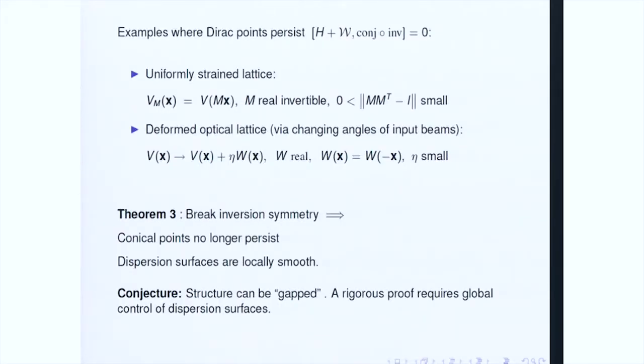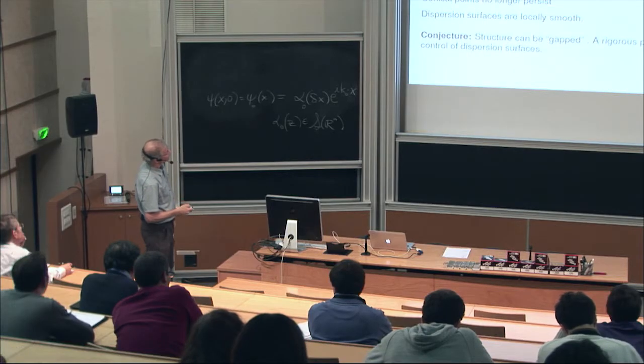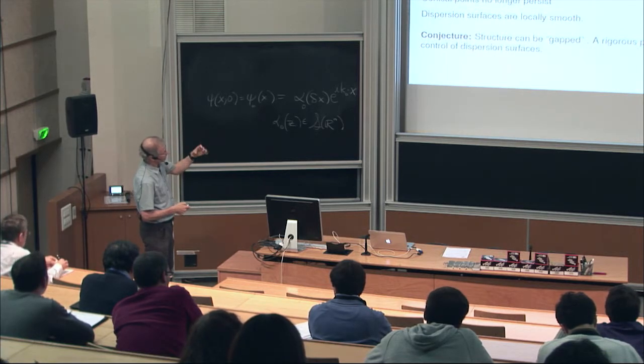Here's a concrete example of a deformation. I could take a uniformly strained lattice. I could replace the potential V of x by V of Mx, where M is a 2 by 2 real invertible matrix such that M M transpose minus the identity is small. This will induce a perturbation which, if it is small, the Dirac points will move. I'll still have conical behavior, but not located at the vertices of the Brillouin zone.